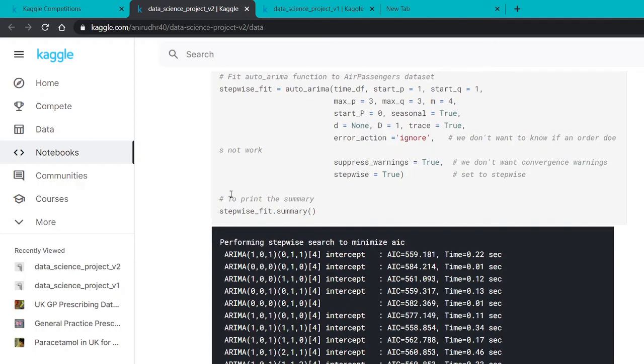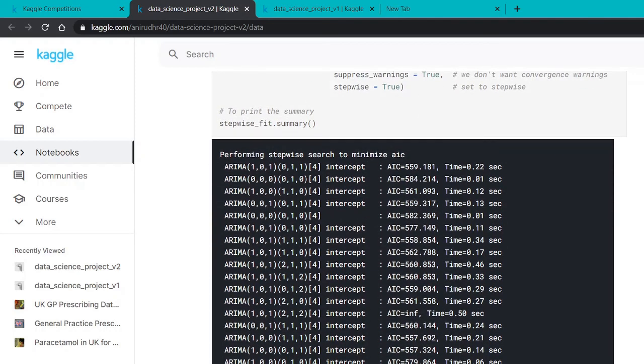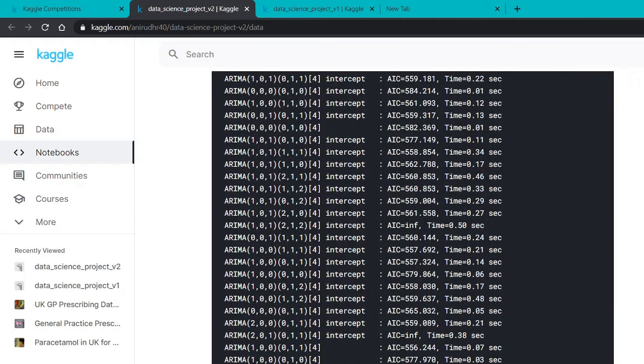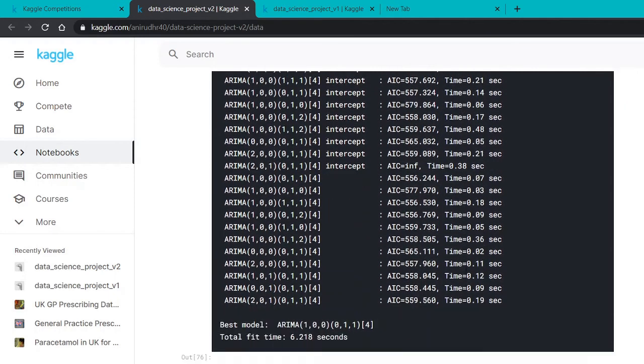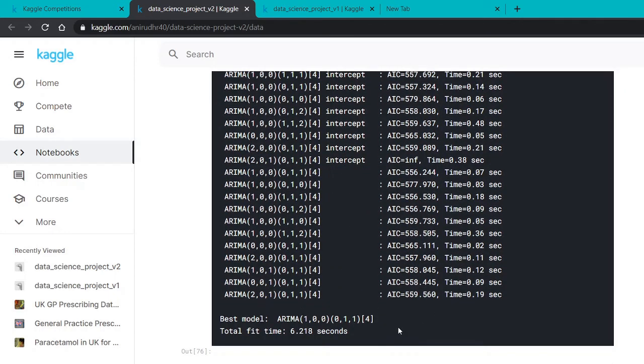Based on that, auto ARIMA performs a grid search, where it looks at different hyperparameters and tries to get the optimal parameters for the model to fit on the data.